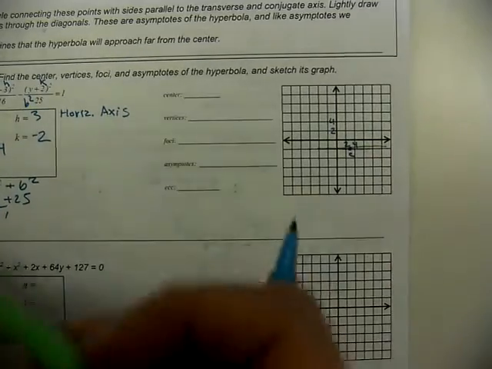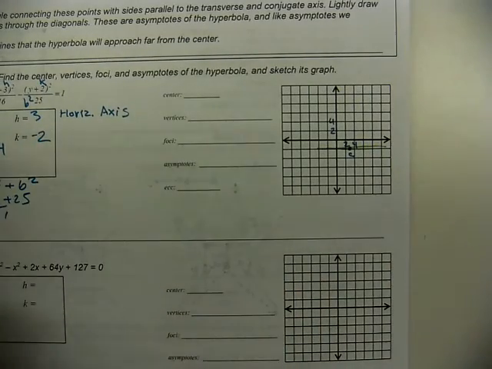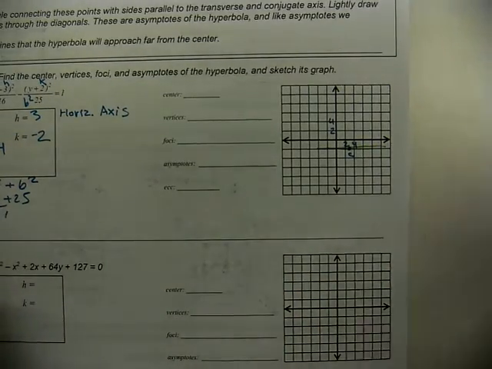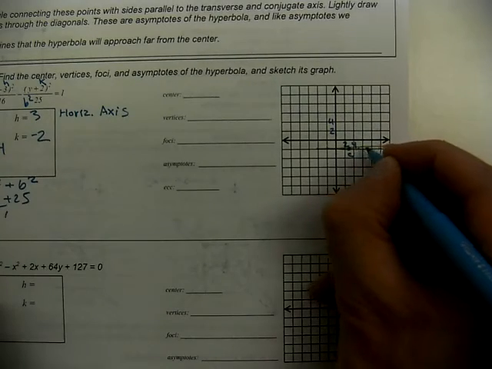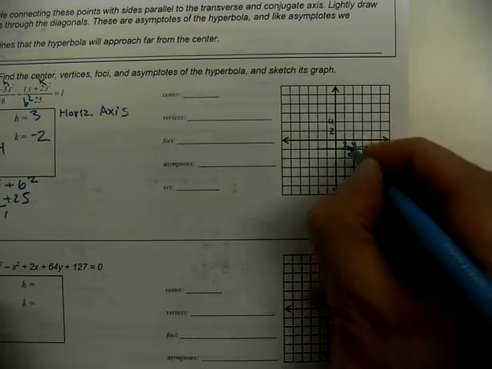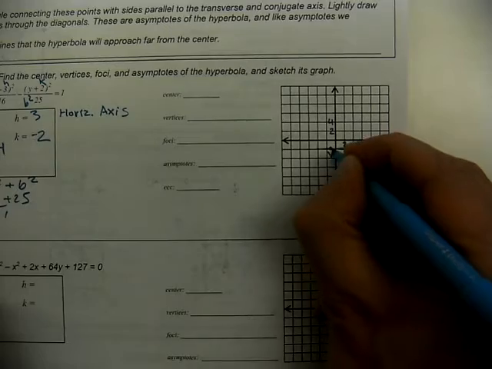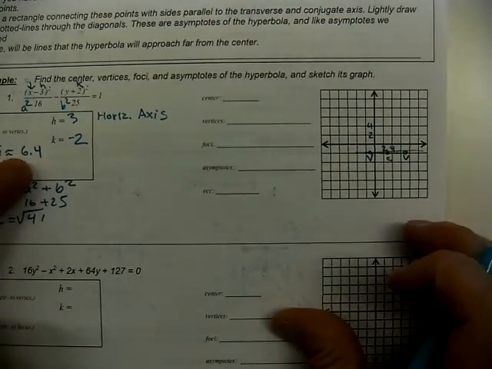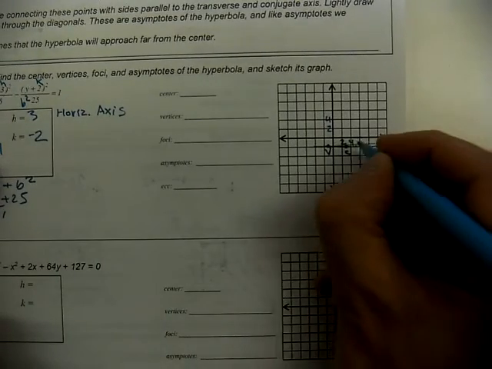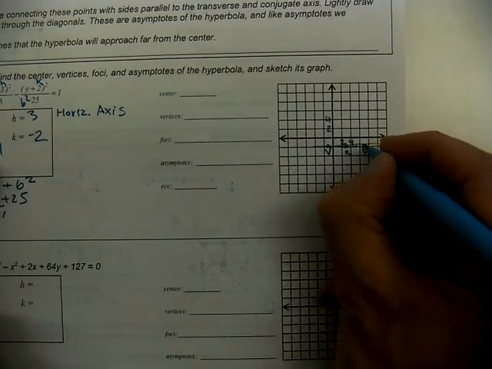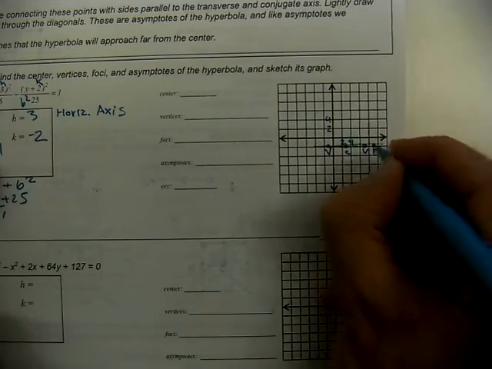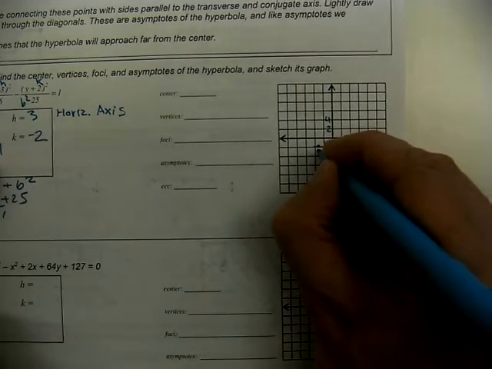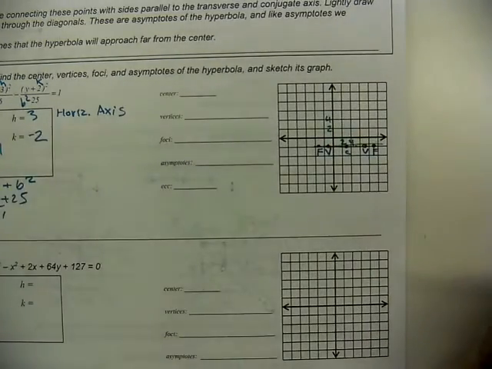The distance of a will take us to our vertices, so 4 units to the right and left of the center. And then the value of c, which is the 6.4, will take us to the right and left of the center as well. That'll be the foci. There are all 5 critical points.